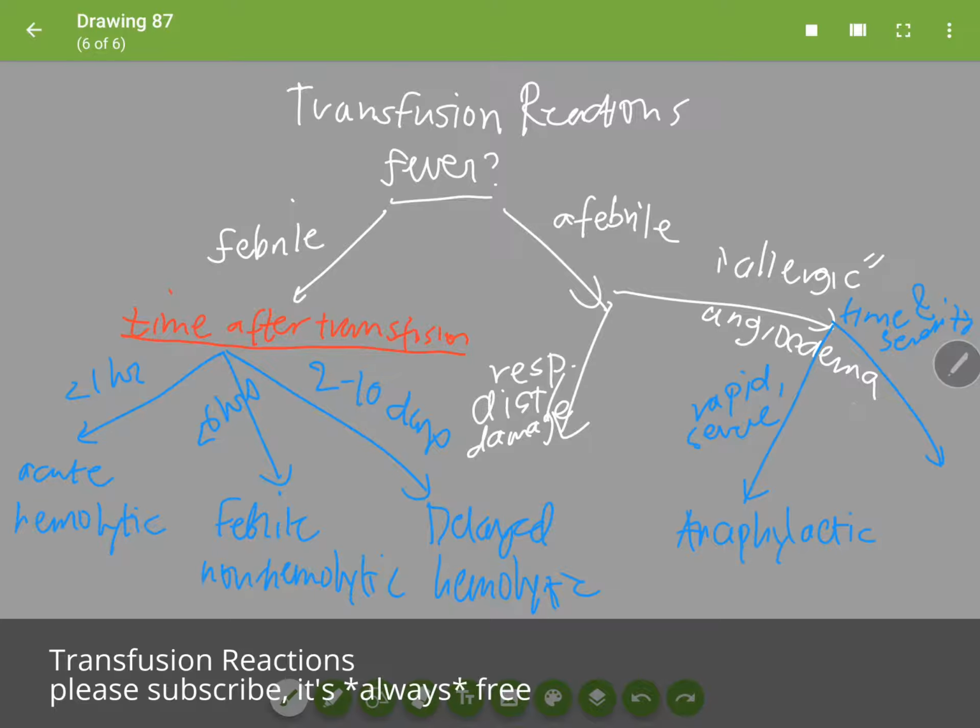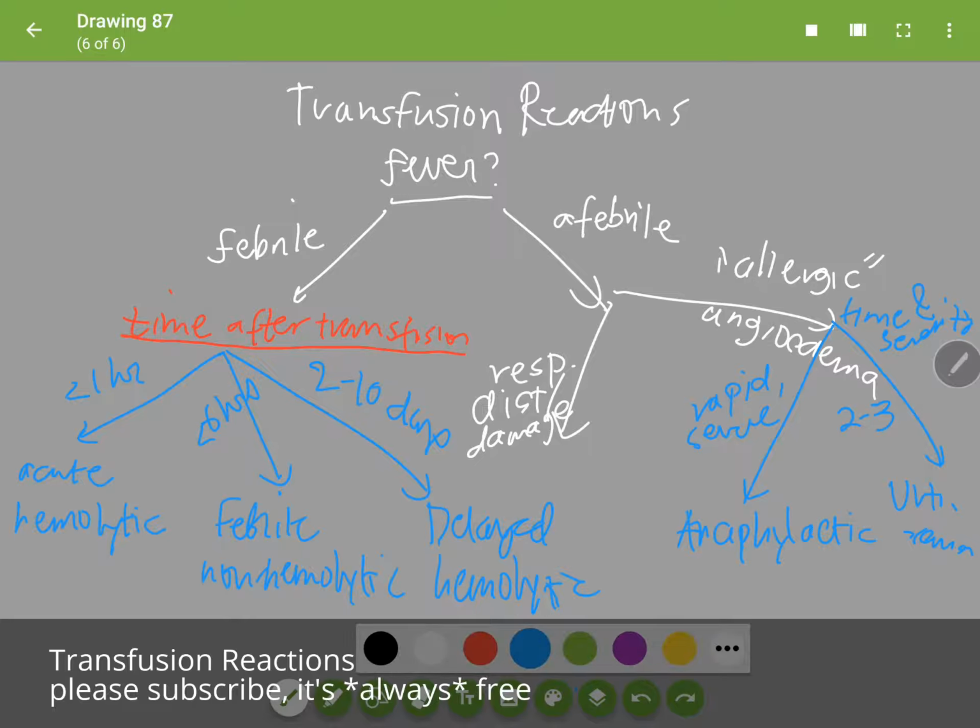Within 2 to 3 hours of the transfusion, however, with just some flushing, maybe angioedema and pruritus, you're going to have urticaria. So both of these, anaphylactic and urticaria or allergy, have angioedema, but anaphylactic is much more rapid in its onset.